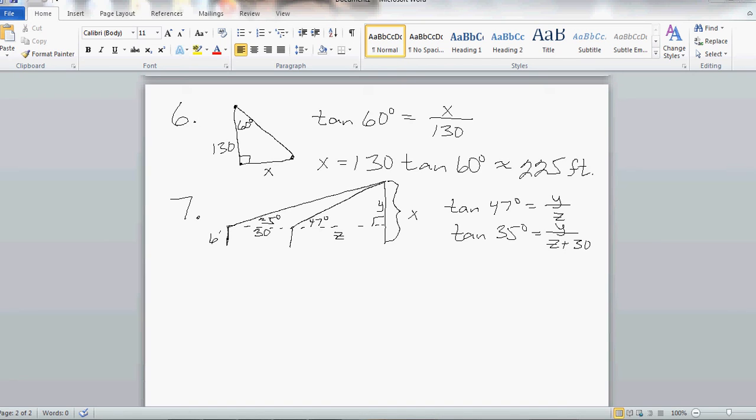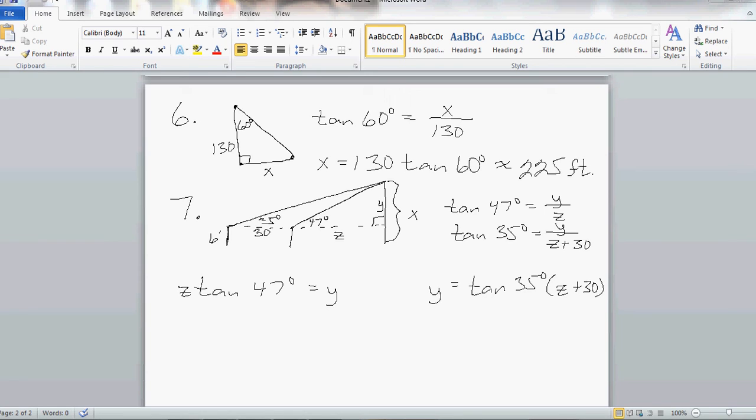So y equals the tangent of 47 degrees times z, or y might also equal the tangent of 35 degrees times the quantity z plus 30.